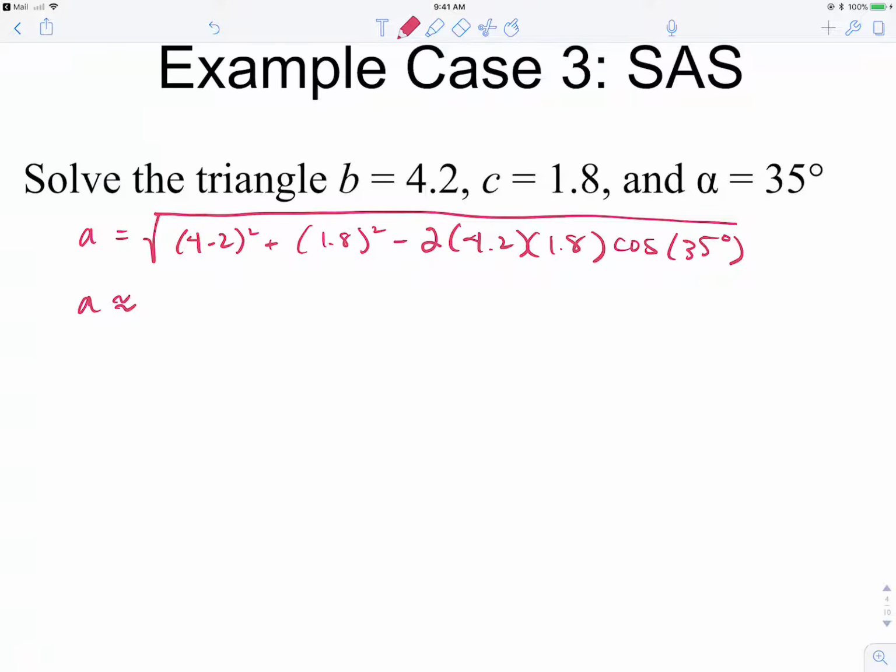Type that into my calculator. Make sure you are in degree mode.